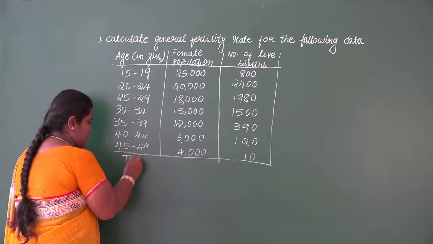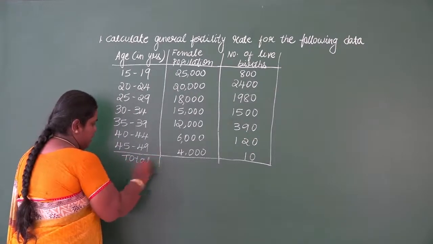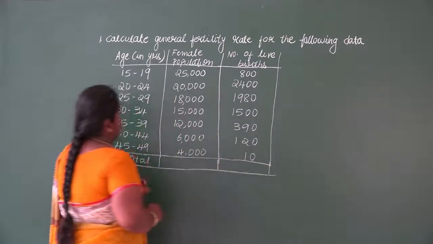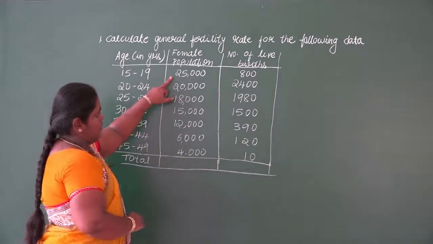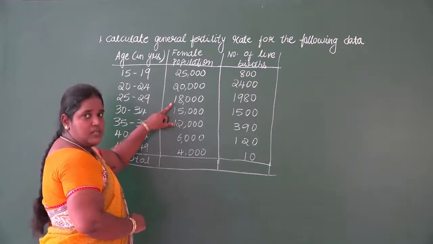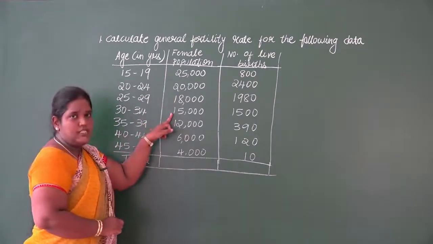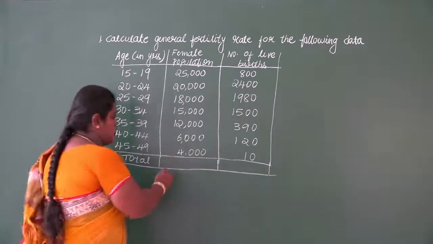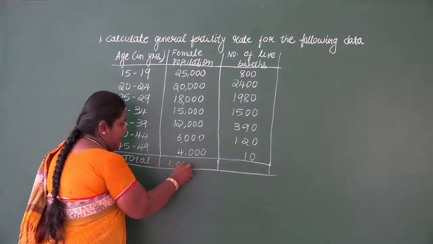So add the complete female population and the live births. Female population: 25,000 plus 20,000 plus 18,000 plus 15,000 plus 12,000 plus 6,000 plus 4,000 gives 1 lakh.